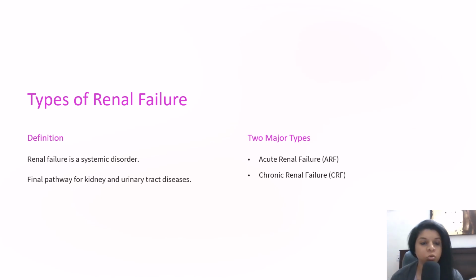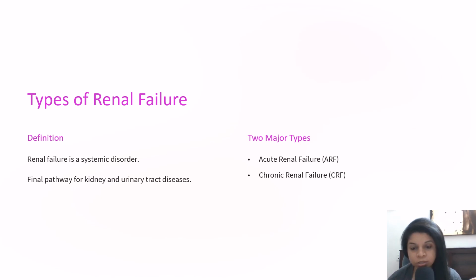So renal failure is a final pathway for kidney and urinary tract diseases. Many diseases, like glomerular, tubular disease, or even bladder and ureteral diseases, if not cured properly, can ultimately lead on to renal failure.